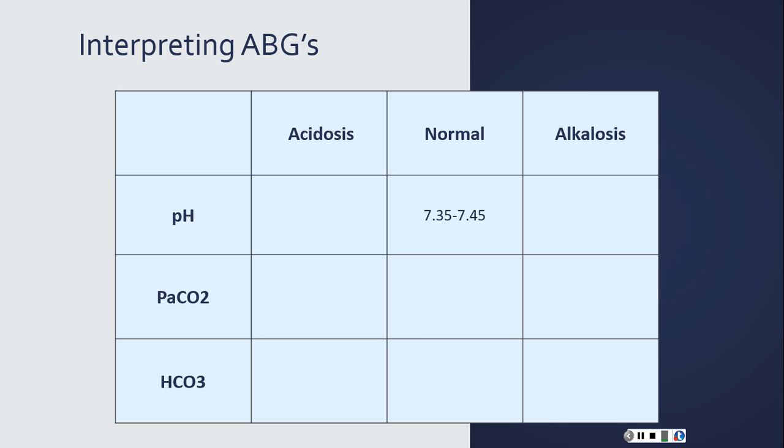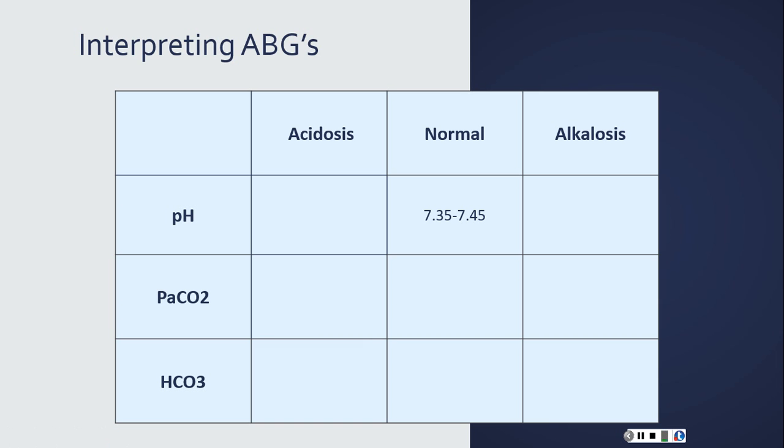Now, we're setting up a system here for evaluating the levels. We're looking at acidosis and alkalosis. Those are the terms we're going to use for determining what the pH is. If the pH is acidic, it's going to be on the 7.35 side of that normal range.